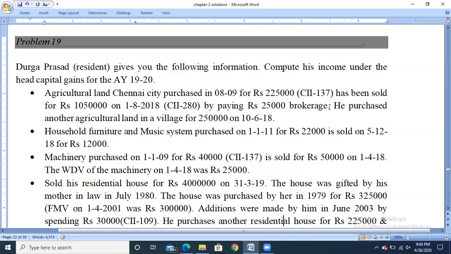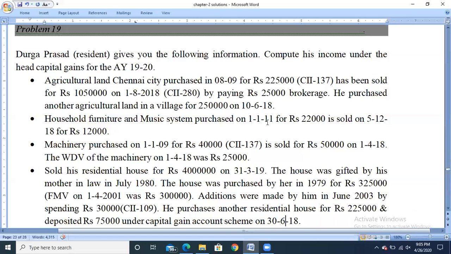So we can claim the exemption under section 54B because he is selling the asset called agriculture land which is situated in the urban area, and after selling that he is going to purchase new agriculture land in the year, that is 10/6/2018. So we can claim the exemption under section 54B.